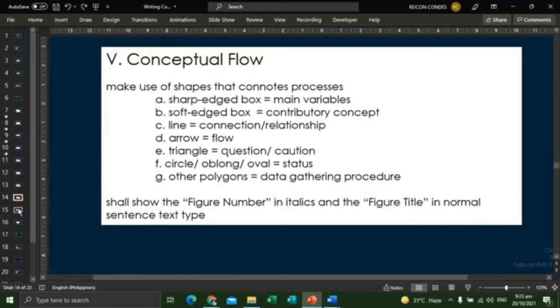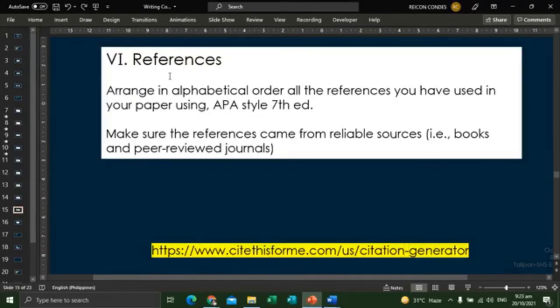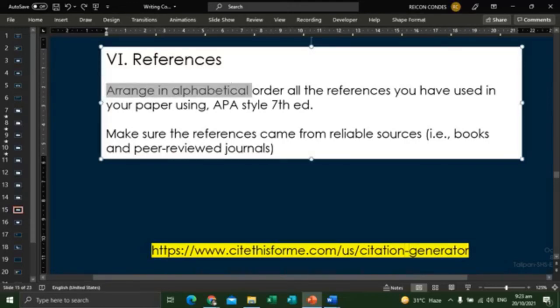Okay? So, next natin ay ang references. So, all the things that you have cited starting from introduction, kailangan i-arrange nyo siya alphabetical order dito sa part na ito. And then make sure you use references that come from reliable sources like books and peer-reviewed journals.